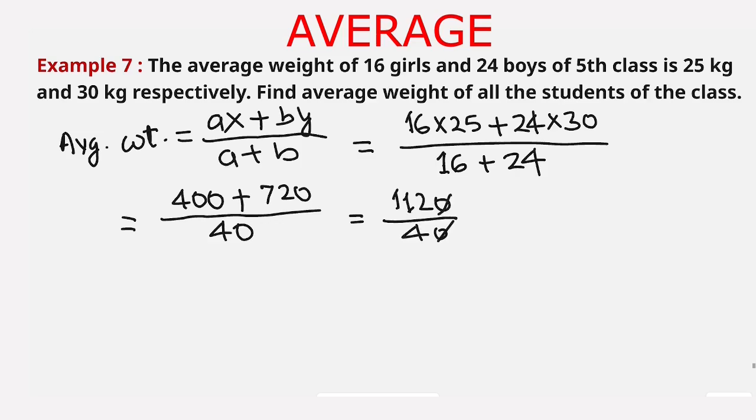We cancel the zeros of the denominator and numerator. 4 divides 112 for 28 times. 4 times 2 is 8, 11 minus 8 is 3, we carry 2, it becomes 32. 4 divides 32 for 8 times. So this is equal to 28 kg. The average weight of all the students of the class is 28 kg.